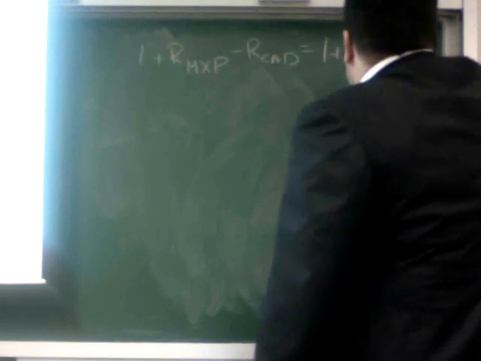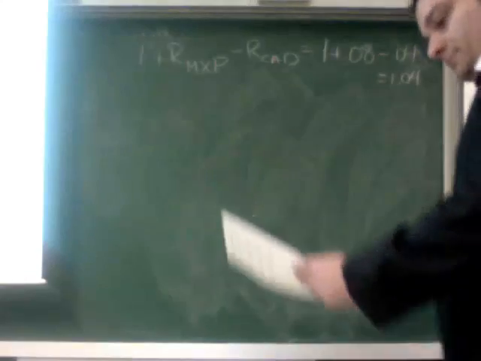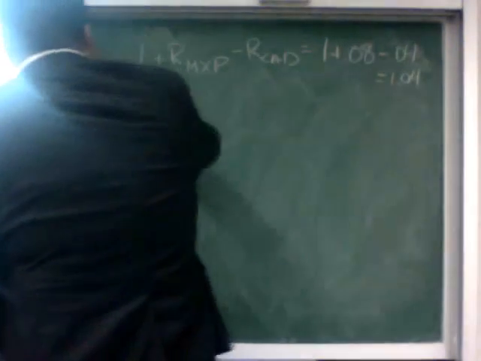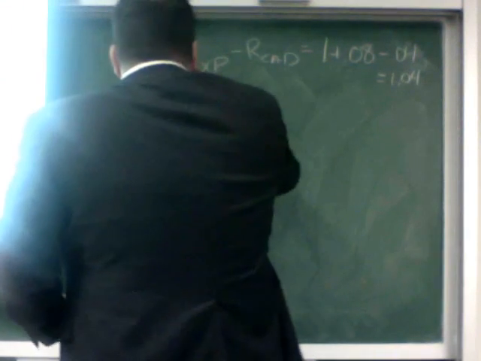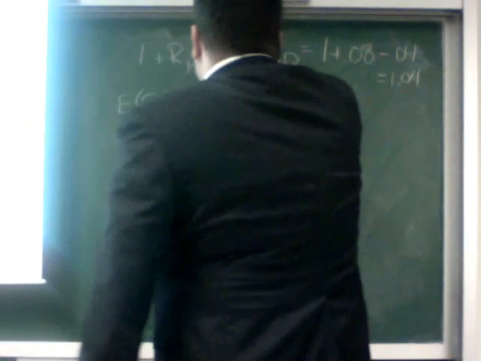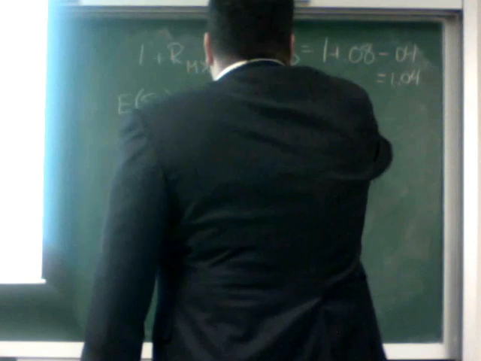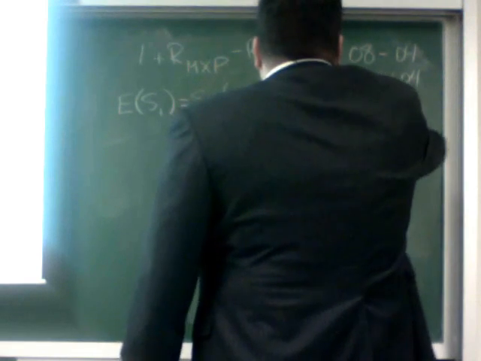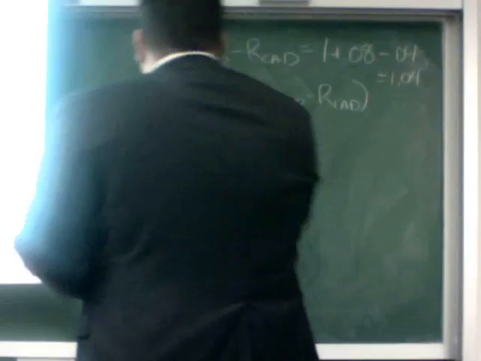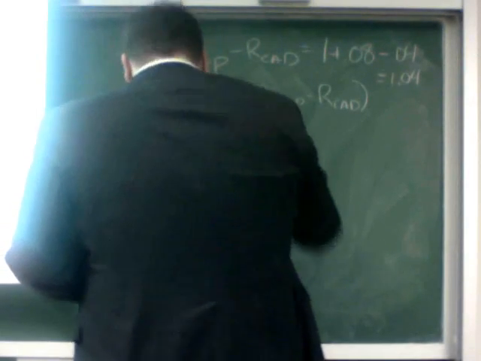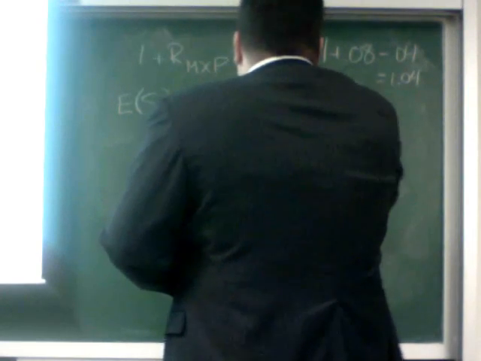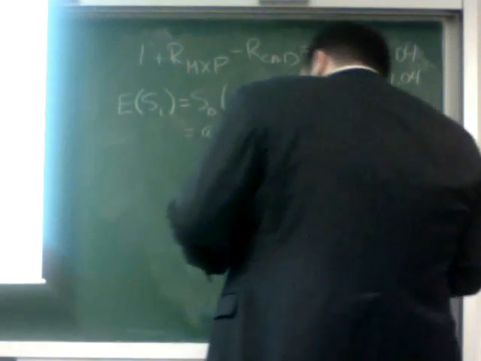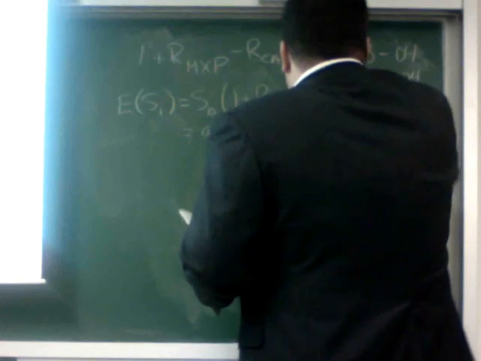So that factor is going to be 1.04. If I want to do my E(S1), that's going to be the spot rate, so you just do it for the first one. The spot rate's 9.08, and then that's multiplied by 1.04.